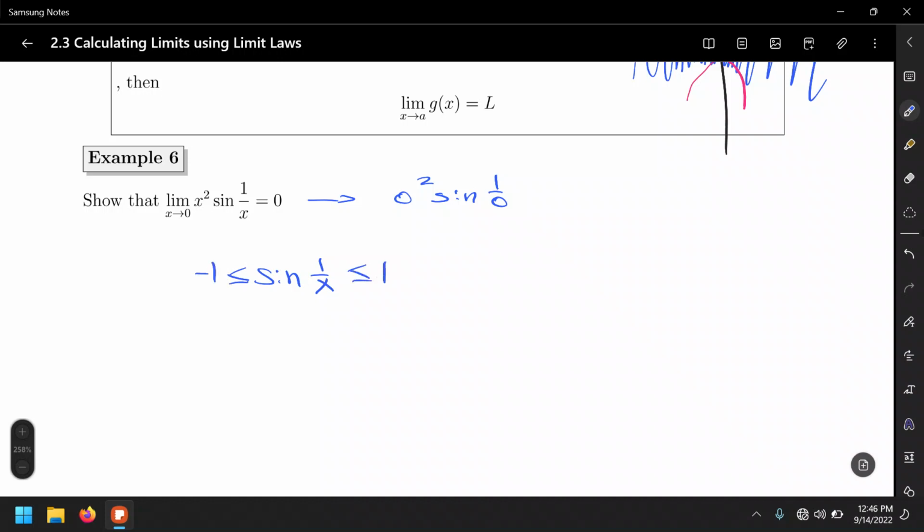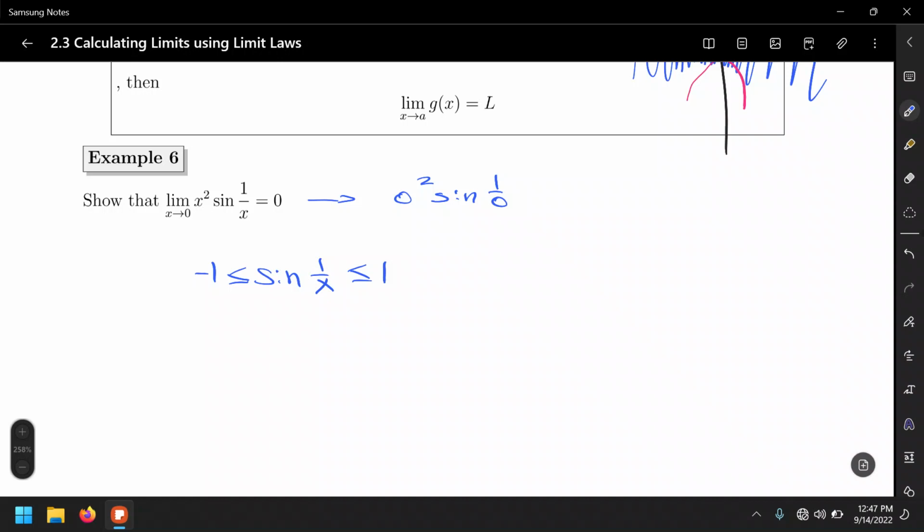That's one way to represent the range of a function, by writing it as an inequality. And this range, negative 1 to 1, is the same range of all sine functions, regardless of what we have in the angle.